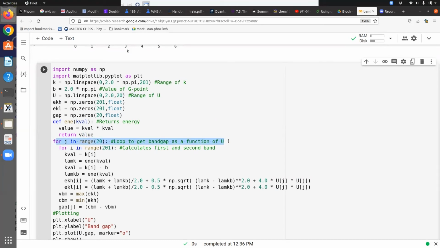We calculate the maximum of the first band and minimum of the second band and calculate their difference here. The difference between the maximum of the first band and the minimum of the second band gives the value of band gap. Let us run the code.